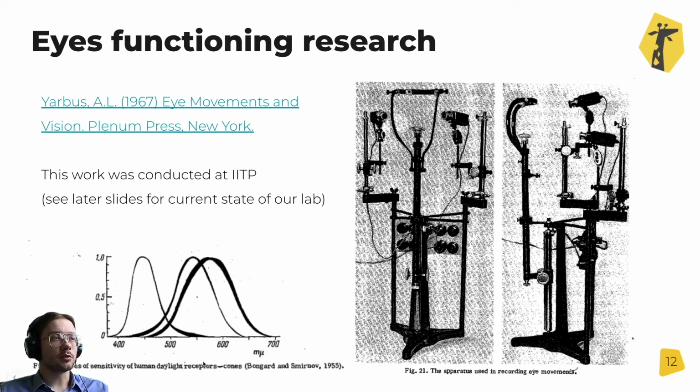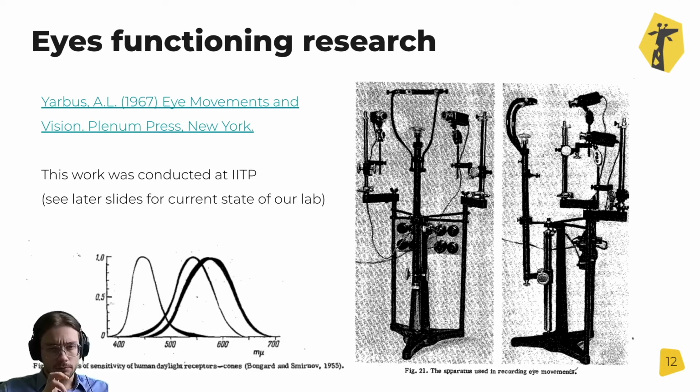For example, here we have distributions of cones, spectral response activities, and this is the system for eye tracking from 1967.